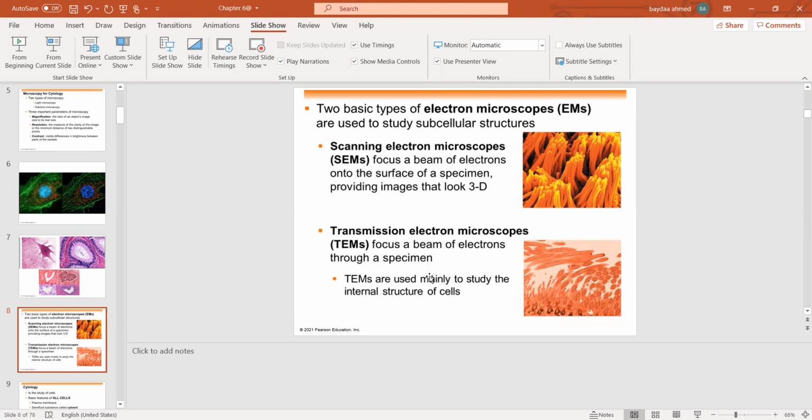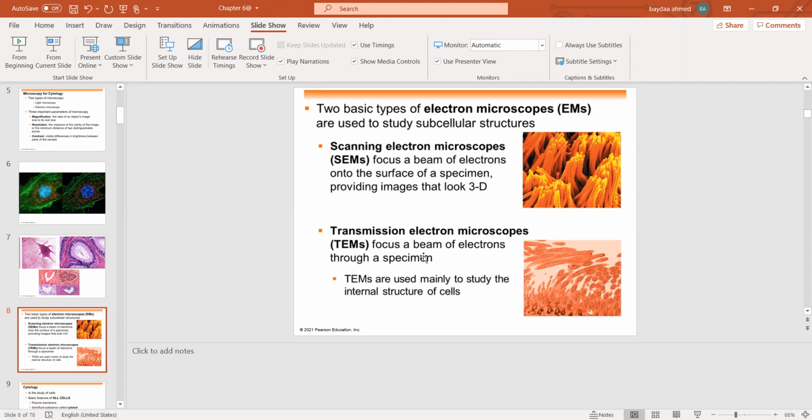The transmission electron microscope is used to study the internal structure of cells. The transmission electron microscope aims an electron beam through a very thin section of the specimen. This micrograph shows a section through trachea cells, revealing their internal structure.